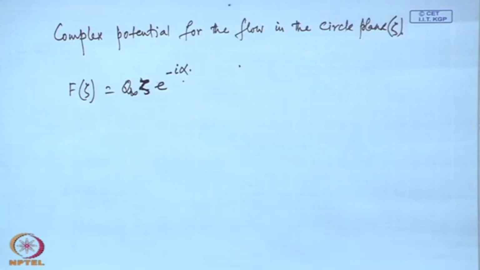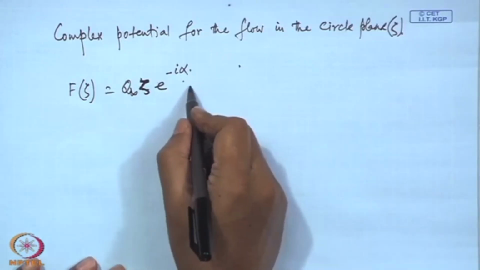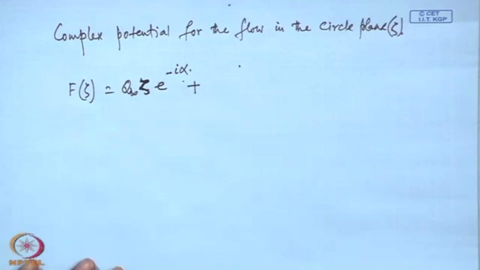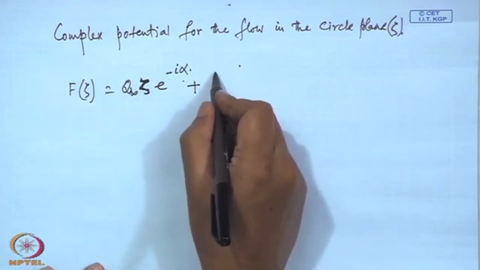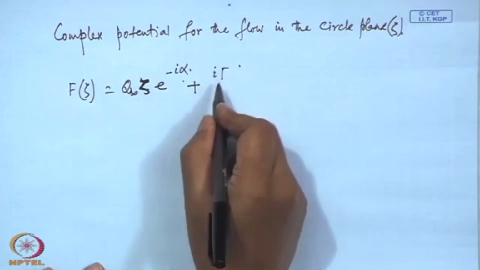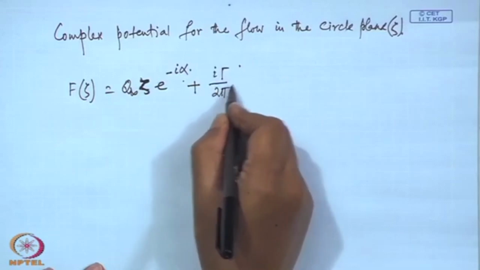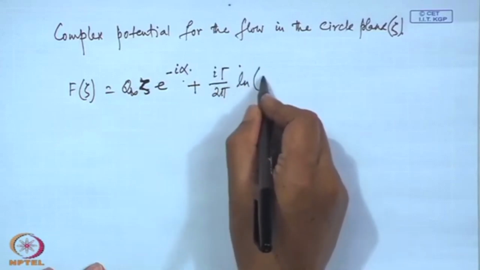Plus due to the circulation, i gamma by 2 pi log.